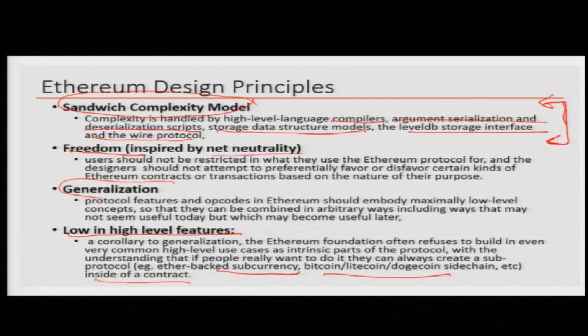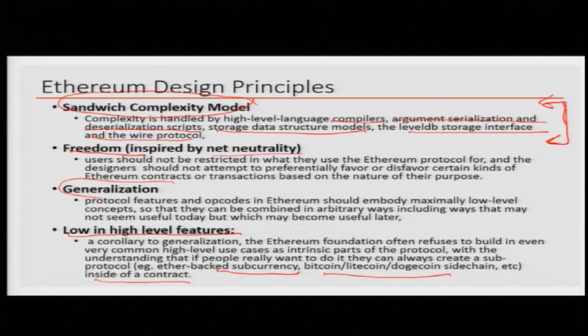So there are four design principles. The complexity is kept out of the user's purview. The freedom, in the sense that it does not disfavor a particular type of transaction or favor a particular type of application on top of Ethereum.